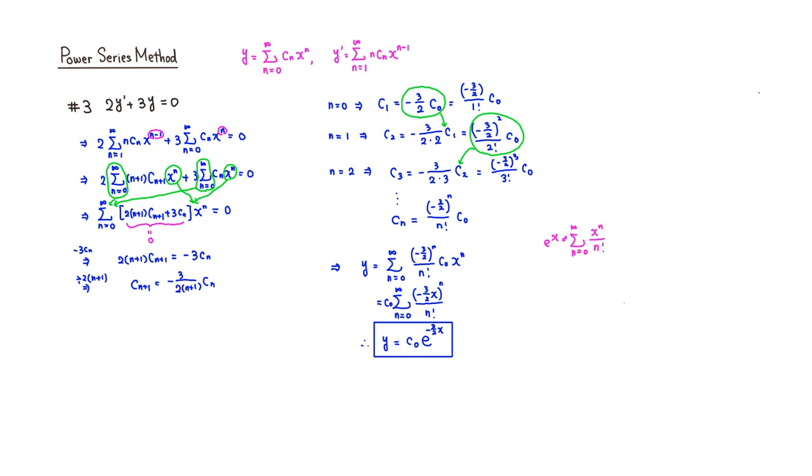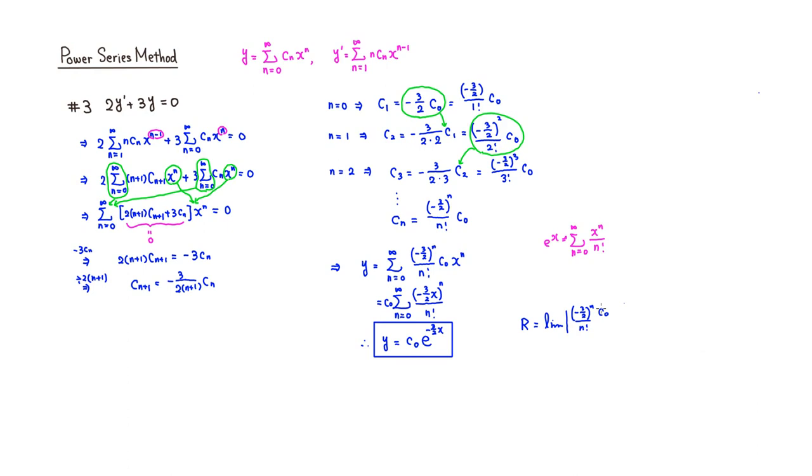Remember, the radius of convergence r is the limit of the absolute value of Cn, which is this: negative 3 over 2 to the n over n factorial, times C0, divided by Cn plus 1.